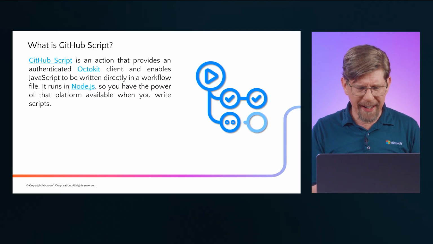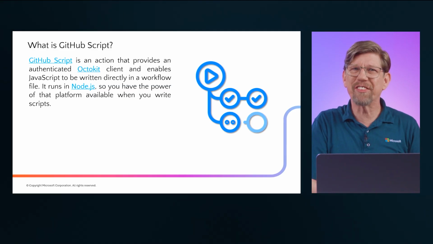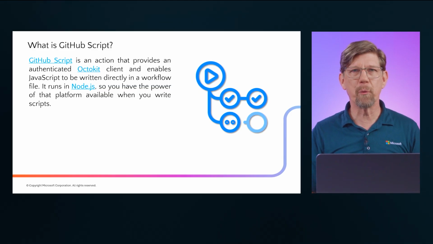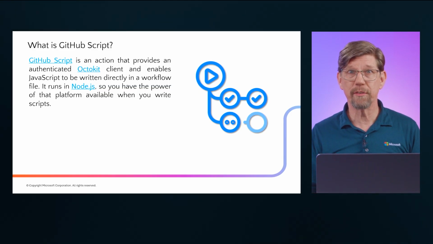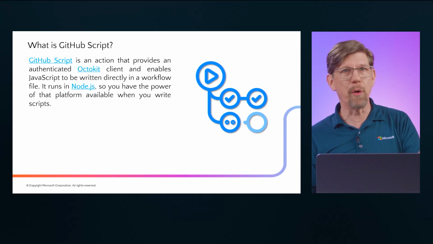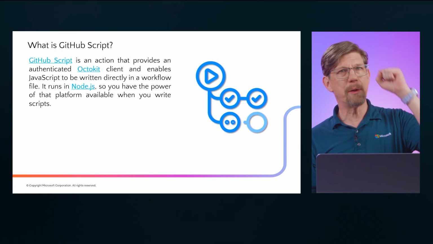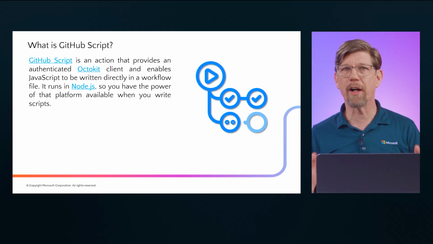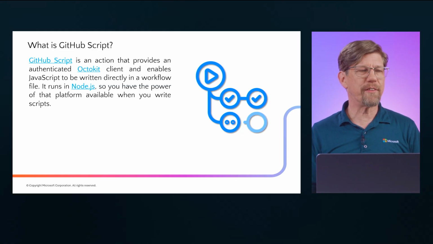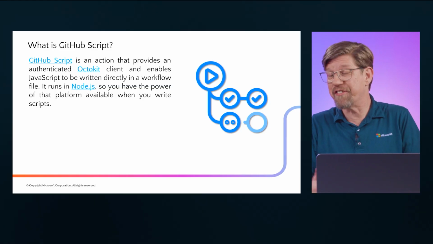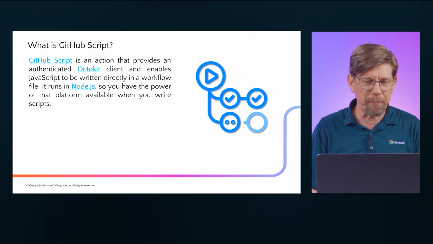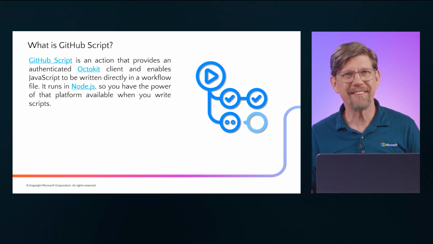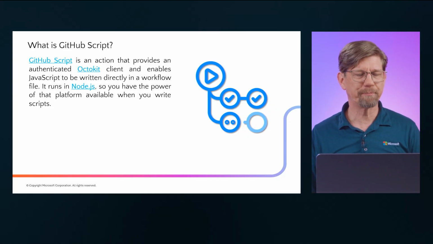To do that, we've got 3 different layers where that's possible. Layer number 1 is REST. You simply invoke an HTTP request back to GitHub and basically do it on your own. REST is easy because it's available everywhere. REST is complicated because it is kind of formless in the way that we put it together.